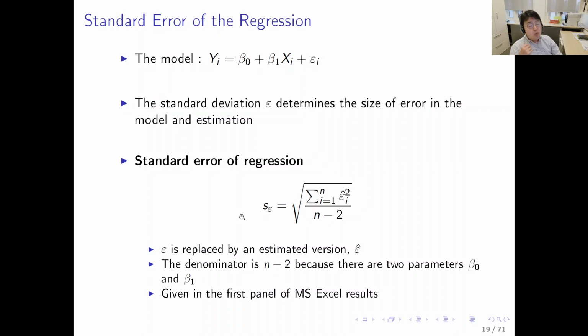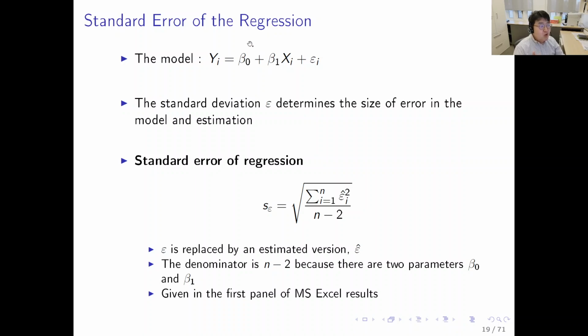That's why we have to use n minus 1 in calculating the variance. Now, when you calculate the standard error, before calculating the standard deviation of epsilon, you have to calculate beta 0 and beta 1 first, in the first step. Then in the second step, you calculate the standard deviation of epsilon.